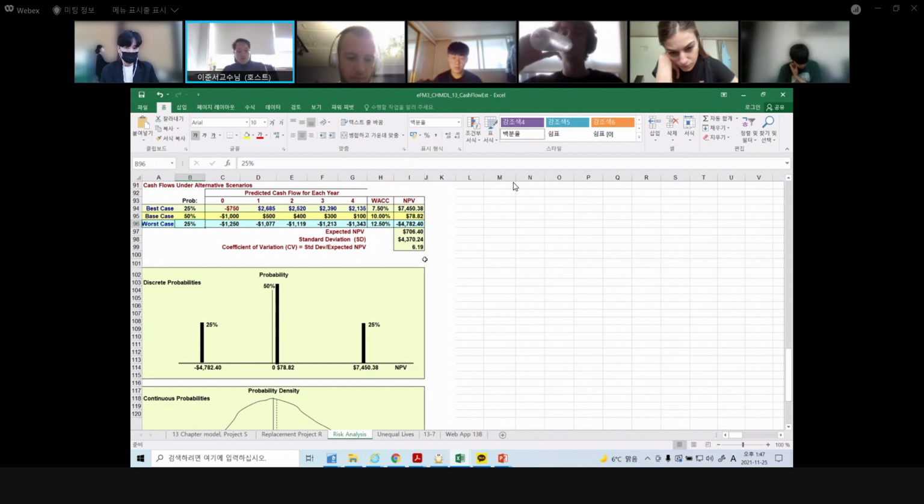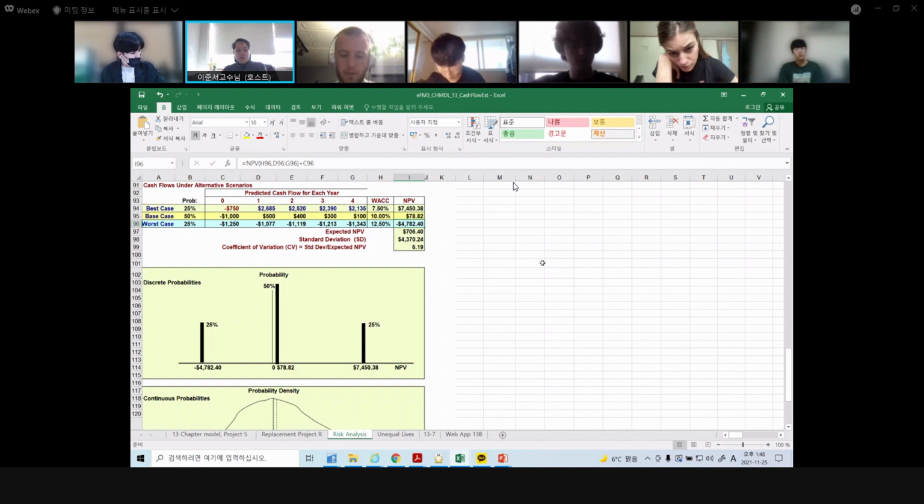Then the second step is what? We need to calculate the expected net present value with those three scenarios. So how can you get the expected net present value with these three scenarios? $78.82 times 50%, plus 7,450 times 25%, plus negative $4,782.4 times 25%, and the expected net present value is $706.4.